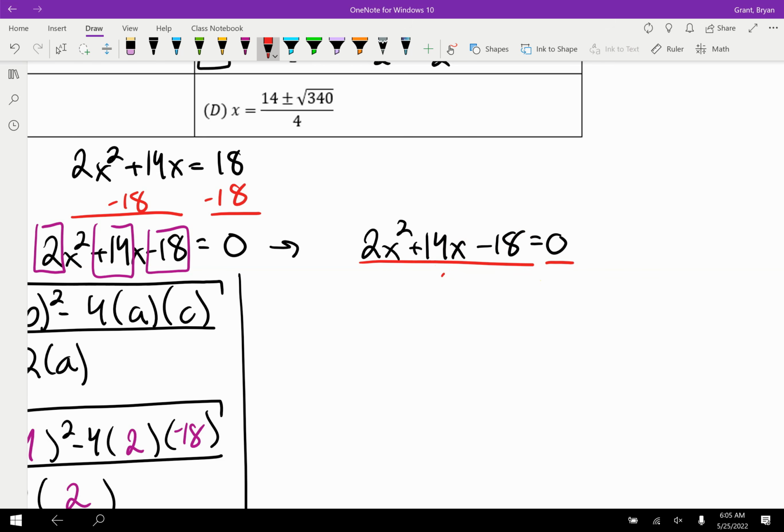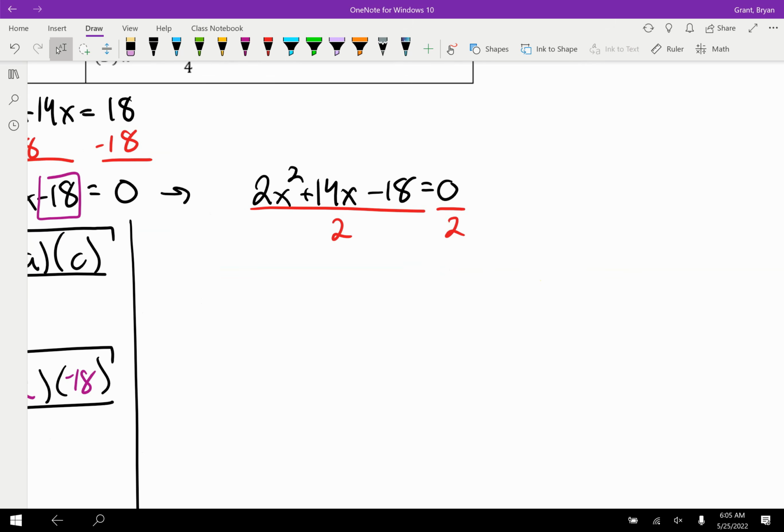And it looks to me like they all have a 2 in common. So I would suggest you divide by 2 at the beginning. This doesn't always work. It didn't work on the last problem because they didn't all have a value in common, but this time they do. So if you divide everything by 2, it will get you 1x squared plus 7x minus 9 equals 0.